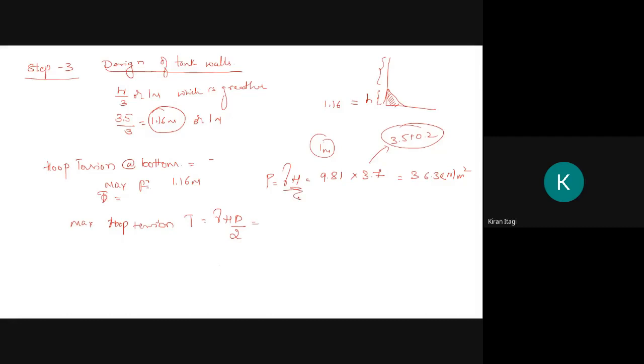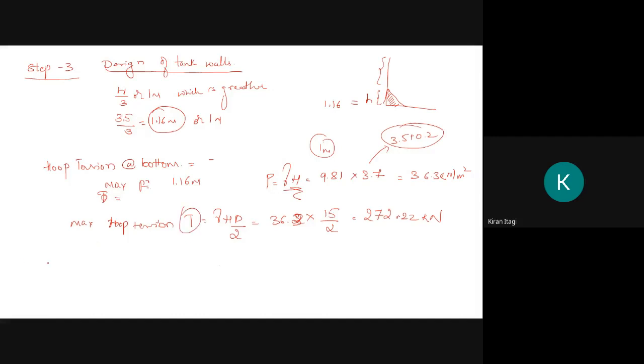We have calculated gamma into H, that is 36.3, multiplied by diameter 15, divided by 2, which equals 272.22 kilonewton. Okay, so we have got the value of T.